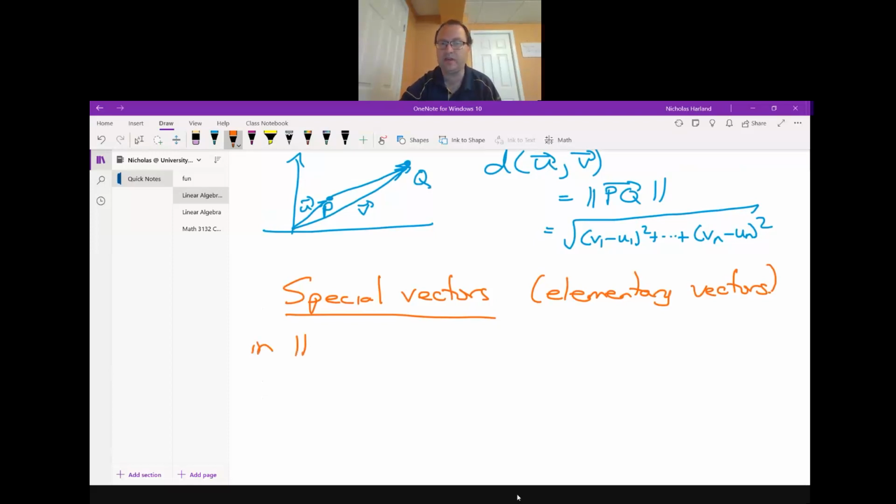So in R3, the vector I, not to be confused with the complex number i, if you're familiar with complex numbers, that's not what we're talking about. This is the vector 1, 0, 0. J is the vector 0, 1, 0. And K is the vector 0, 0, 1.